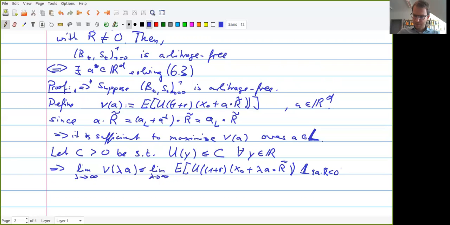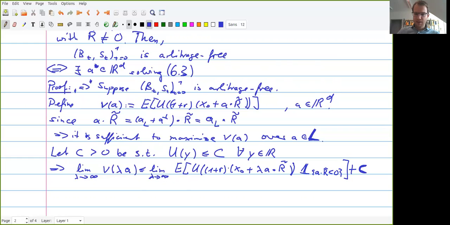And there's something missing, because the returns might also be positive. So all the other cases I estimate by c.